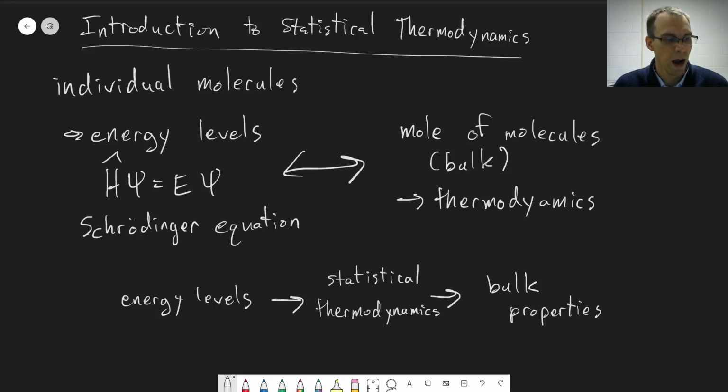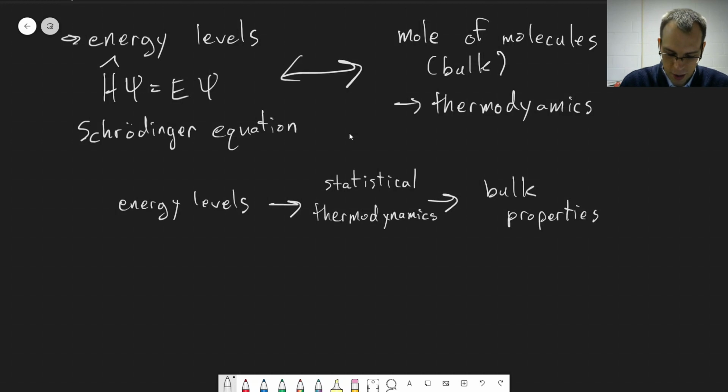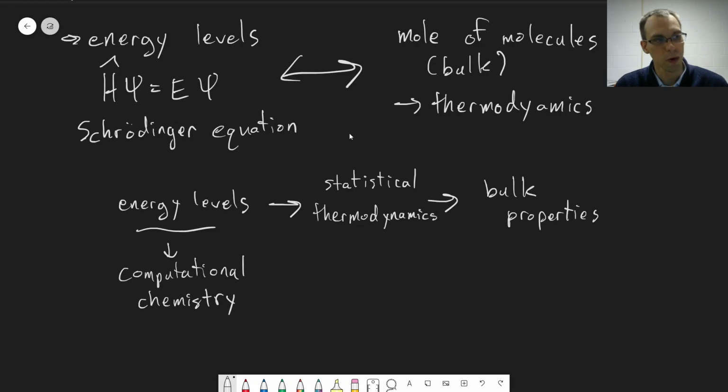Now, what is this useful for? Well, via quantum mechanics, we have ways to solve for energy levels. We have things like computational chemistry that let us calculate properties of molecules, things like energy levels and orbitals.